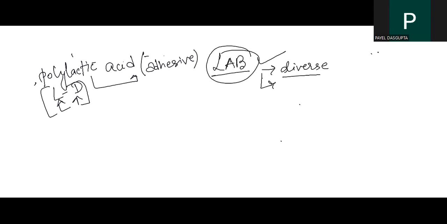Then, it is a gram-positive bacteria and it is non-sporulating. This is gram-positive, one point you can take, and it is non-sporulating. Okay. Ability to produce lactic acid: the lactic acid bacteria will surely produce lactic acid.